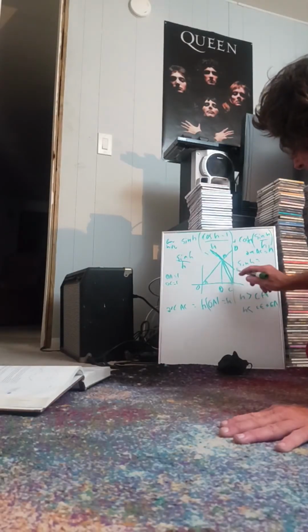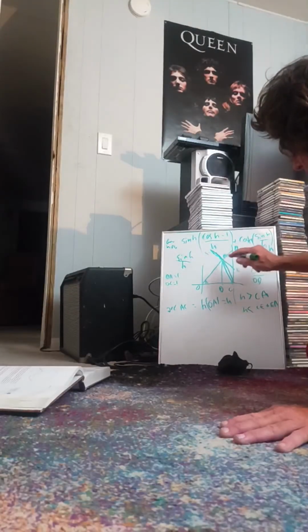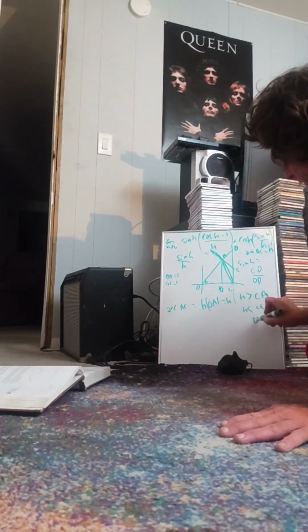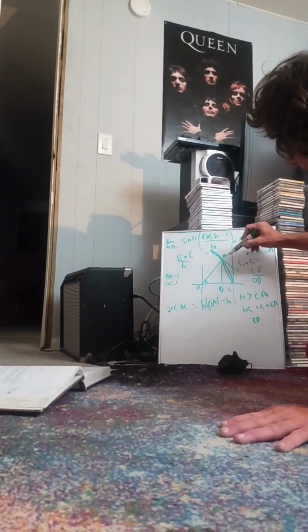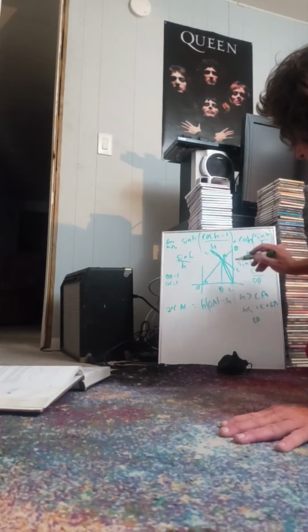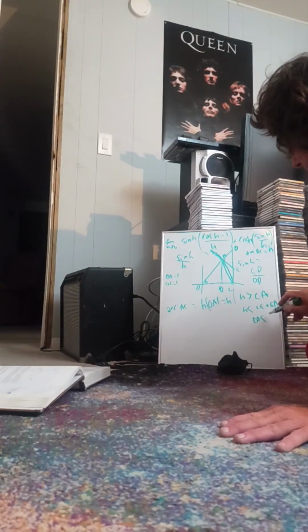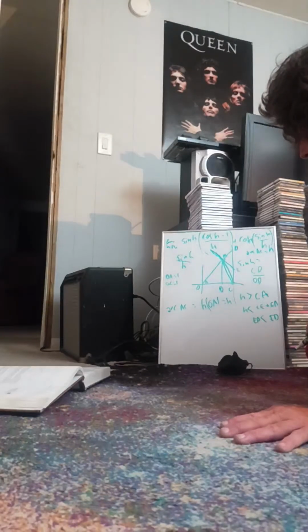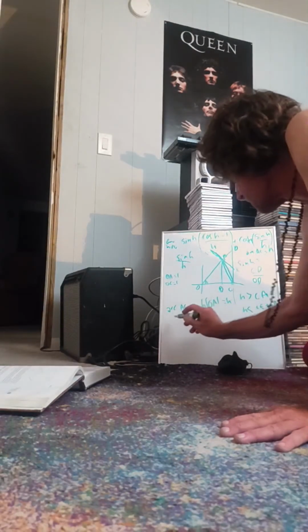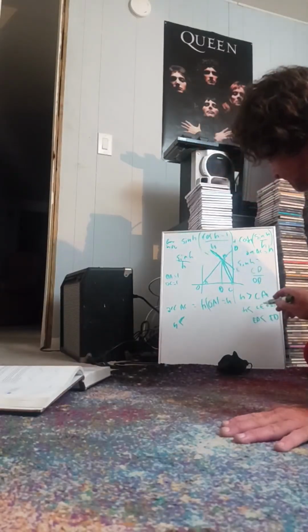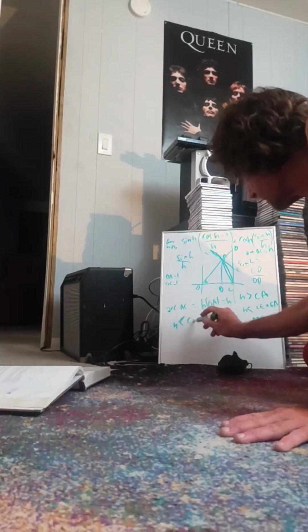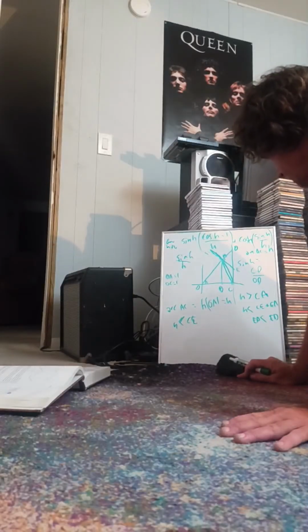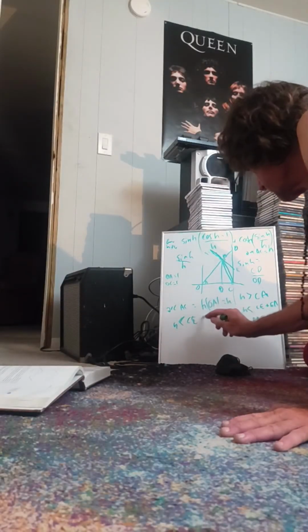But EA, because of the inequality, because this is a hypotenuse and this is a right angle, EA is less than ED. Okay, so if H is less than CE plus EA, then H is also less than CE plus ED.